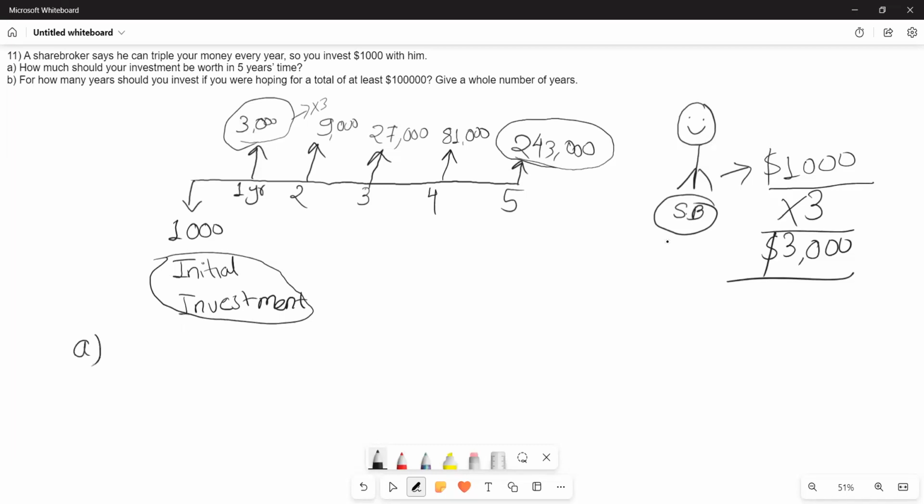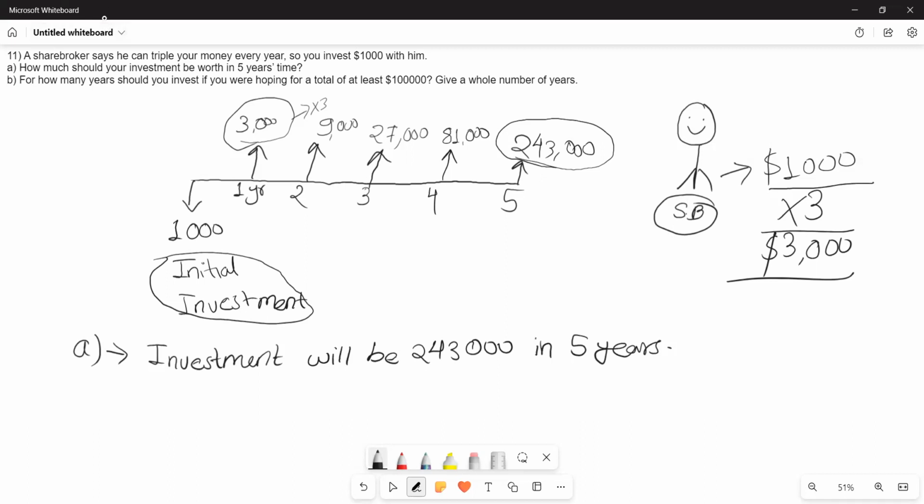Question number A, answer: investment will be 2,43,000 in 5 years, isn't it? As I have made this chart, you have understood it, isn't it?